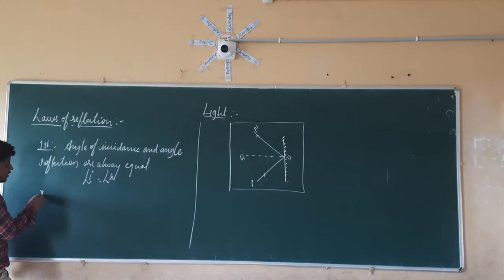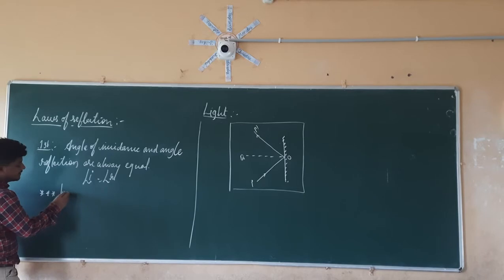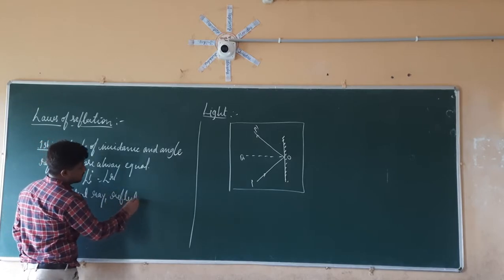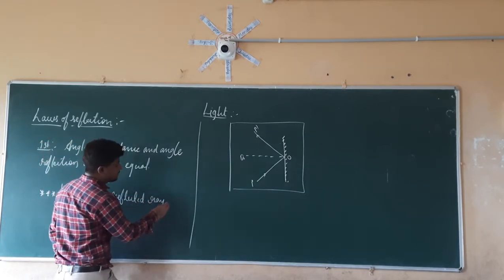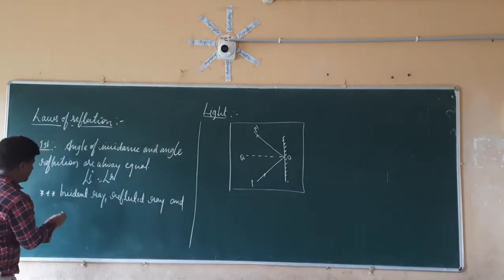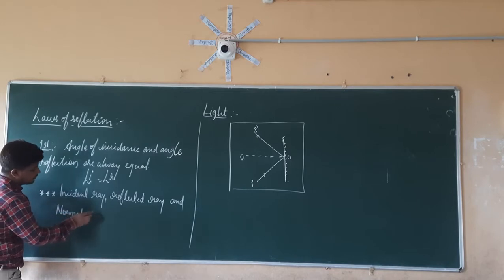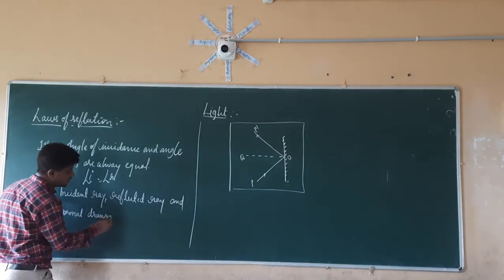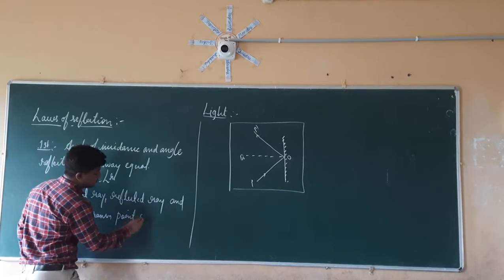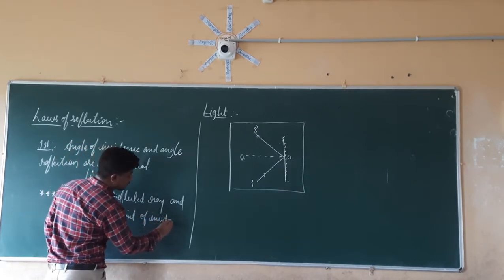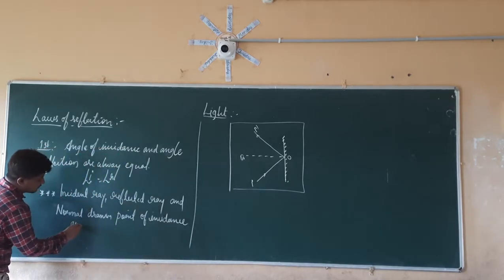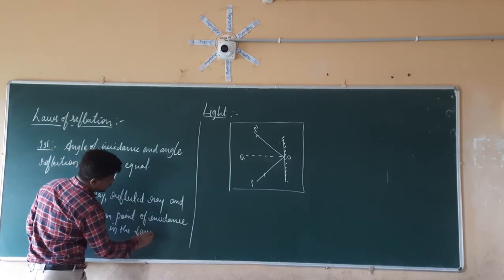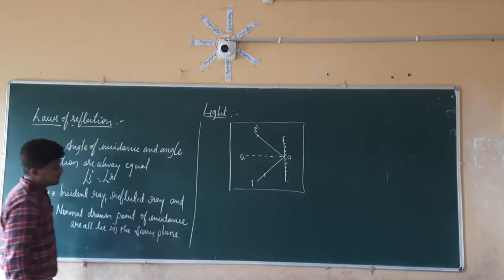So the second law of reflection is what? The incident ray, reflected ray, and normal drawn to the point of incidence all lie in the same plane.